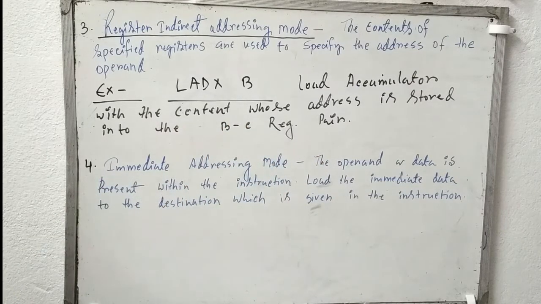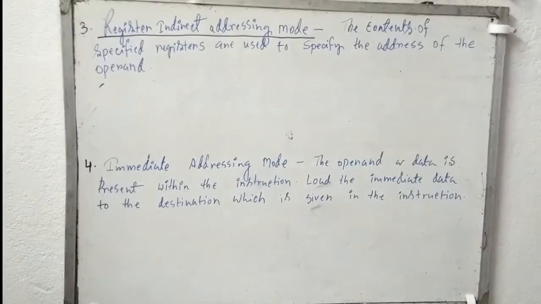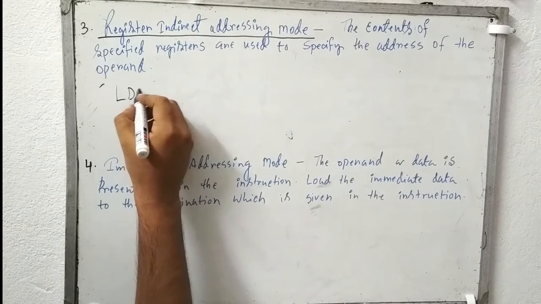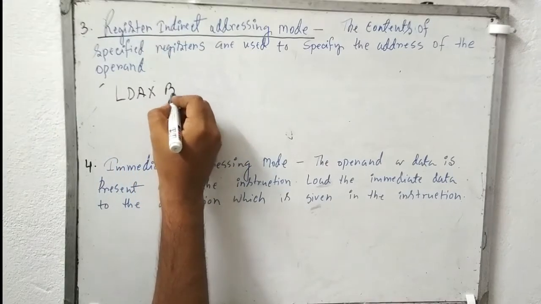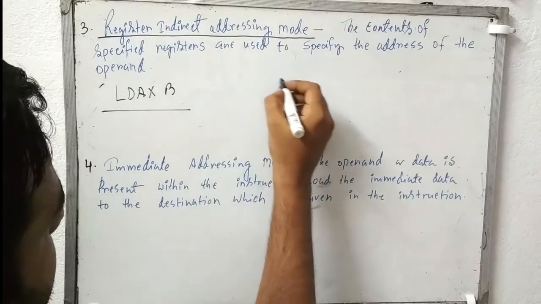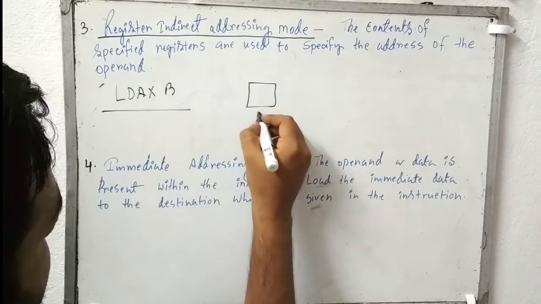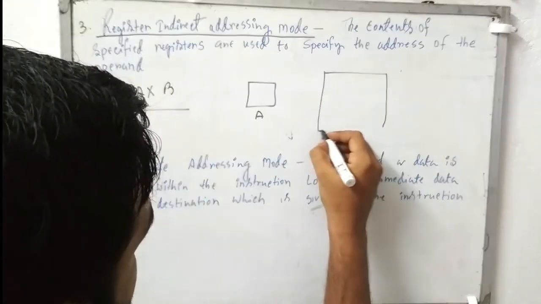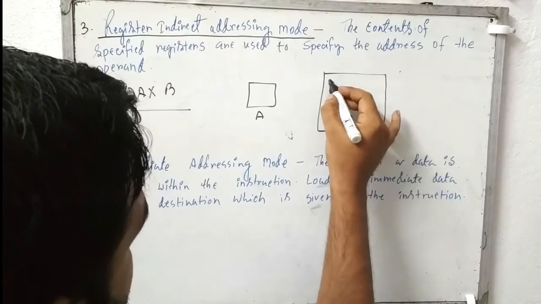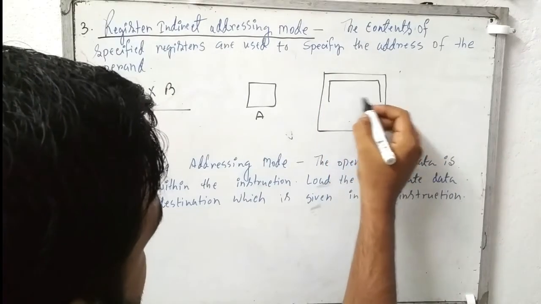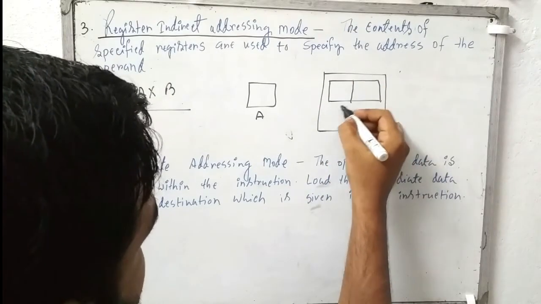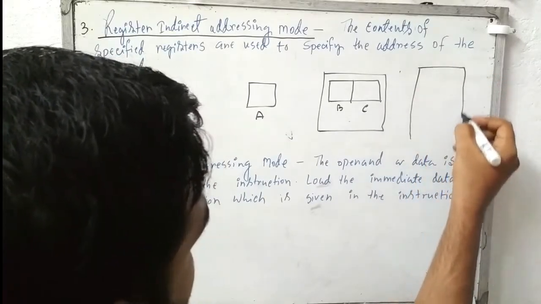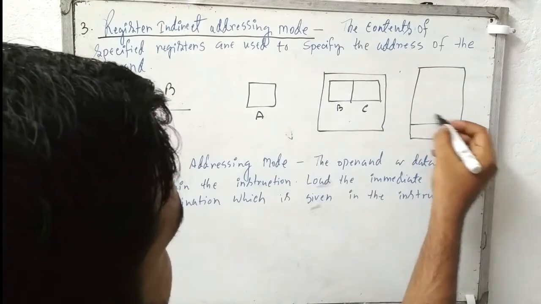Let's see this with a diagram. So suppose this is LDAX B. Suppose there is an accumulator. This is a microprocessor, and there is a register pair, B, C, and this is the main memory here.